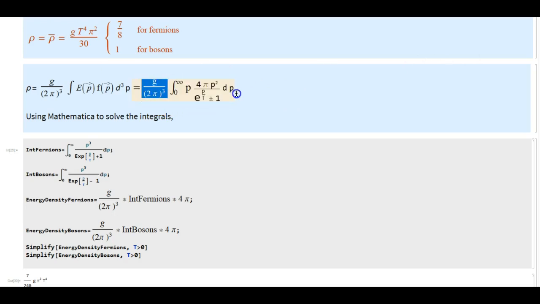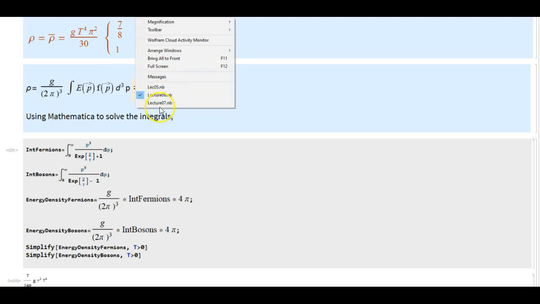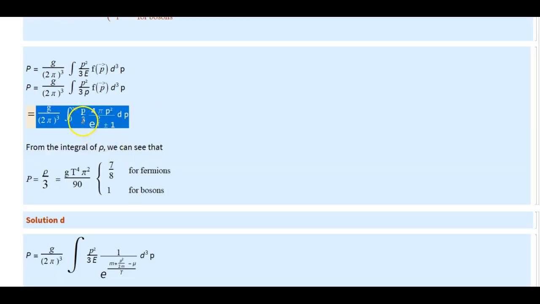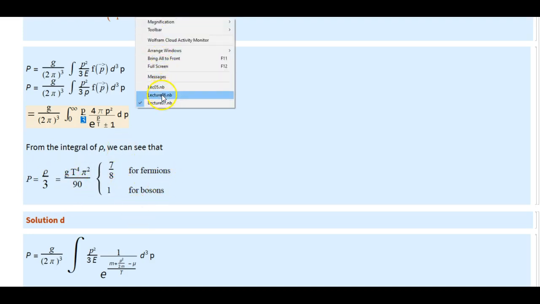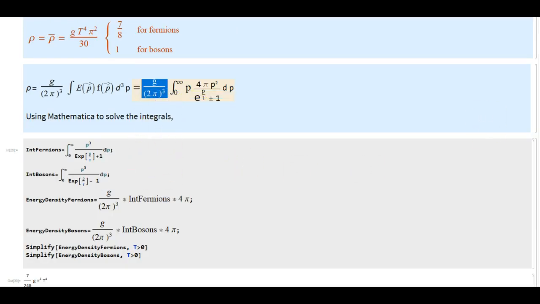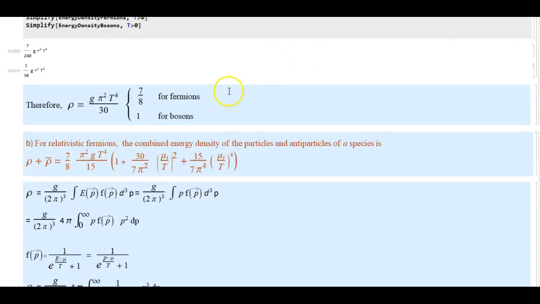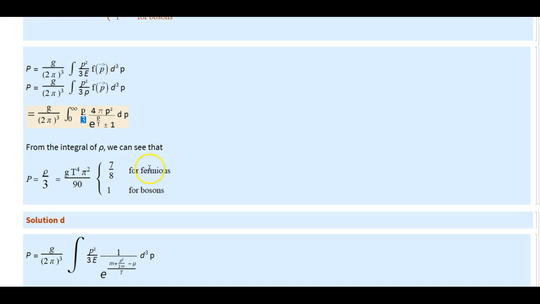Here we only have the additional factor of 1 over 3. So pressure is equal to rho over 3 in the relativistic regime, and we get the same expression of rho here divided by 3.